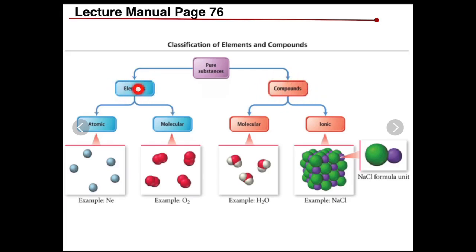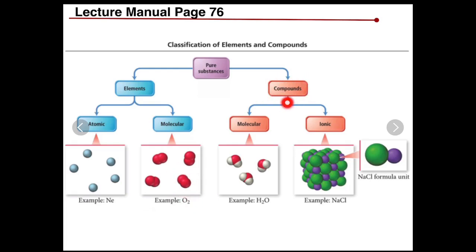For element, you can also differentiate as atomic element or molecular element. Atomic elements are those that are going to be by themselves in nature, right? Molecular elements would be those elements that are in the form of molecules in nature. For example, oxygen would be present as an oxygen molecule in nature.